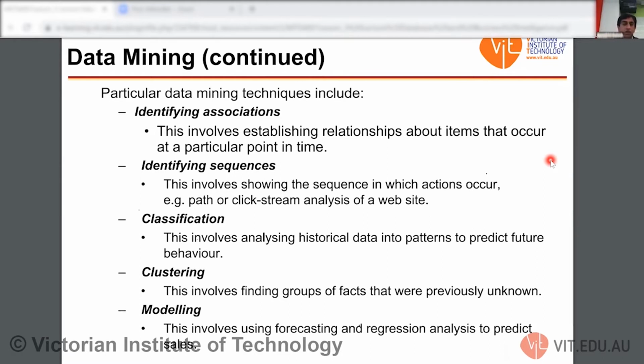Items in an organization may have an association, and we need to identify the association between the different items. If we manage to identify the association, the organization can benefit from these associations that exist.